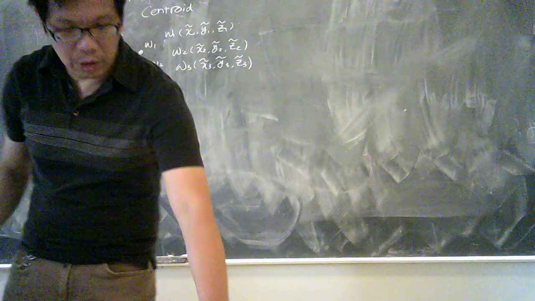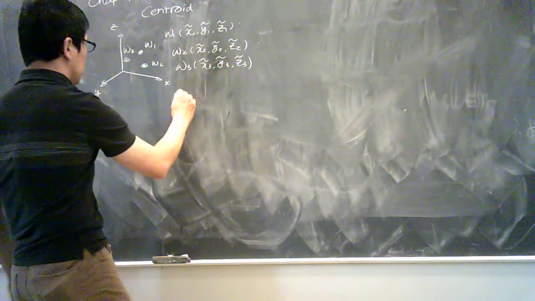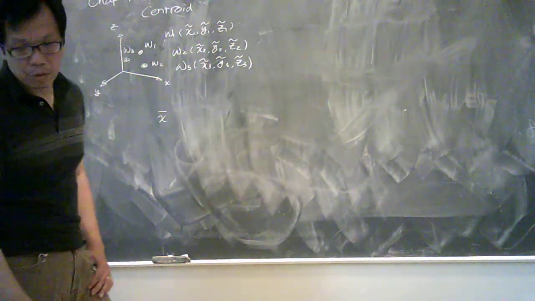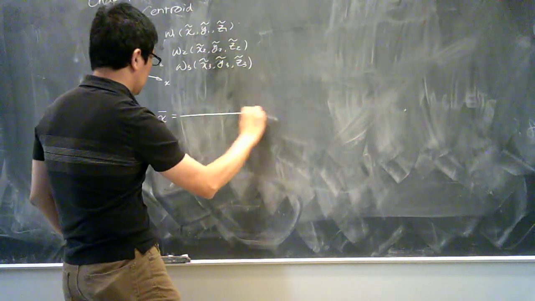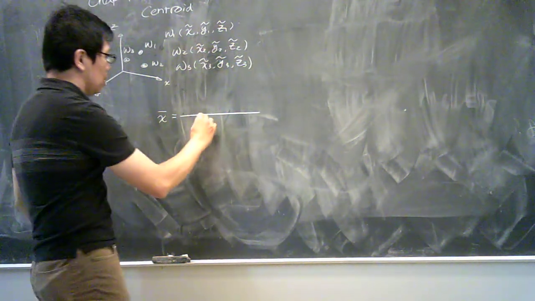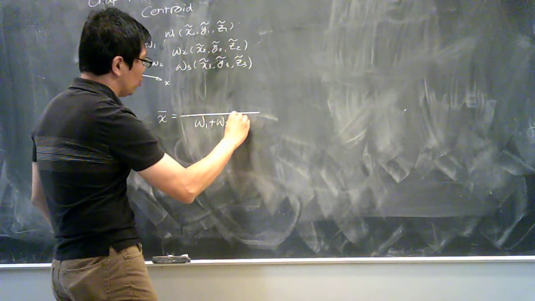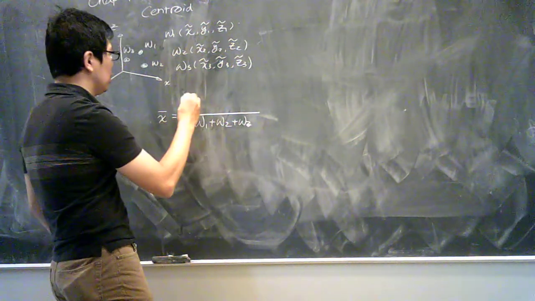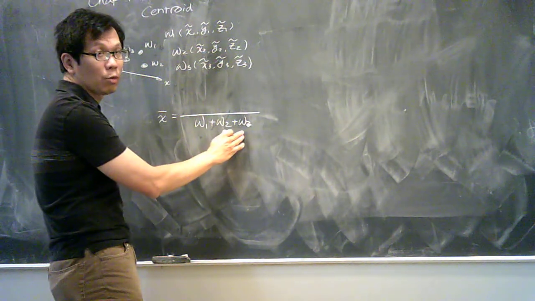Now, if we want to determine their center of gravity, we use x bar to represent the position. In the denominator we have w1 plus w2 plus w3.